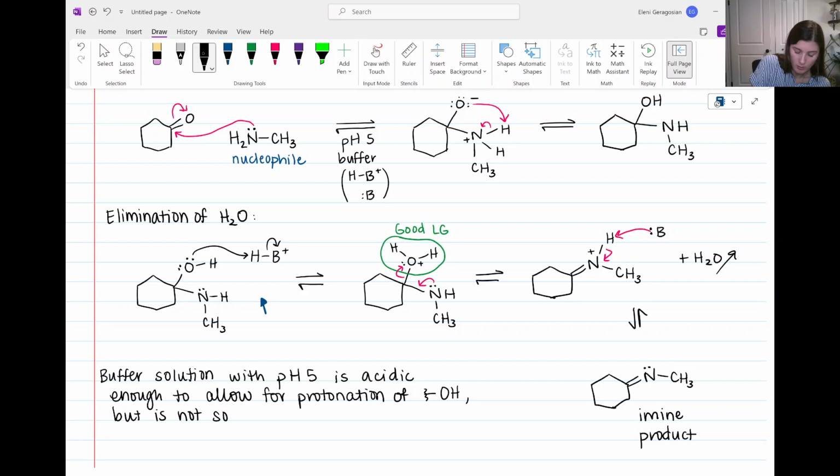But is not so acidic that the amine is protonated. If this occurred, the amine would lose its nucleophilicity.